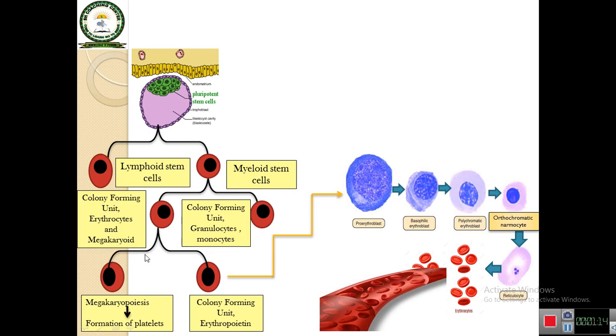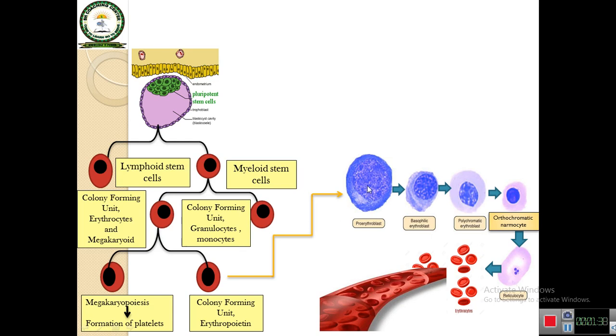This megakaryoid cell divides into two cells: megakaryopoiesis and colony forming unit erythropoietic. Megakaryopoiesis will form the platelets, and the colony forming unit erythropoietic cells will further convert into proerythroblast.